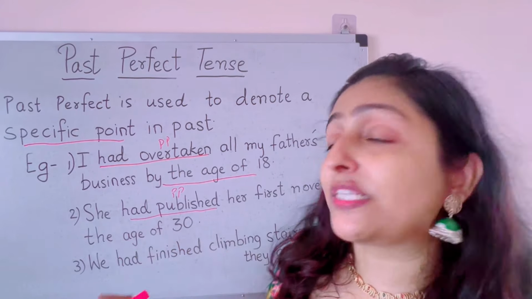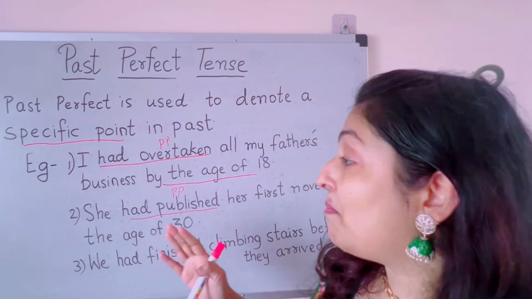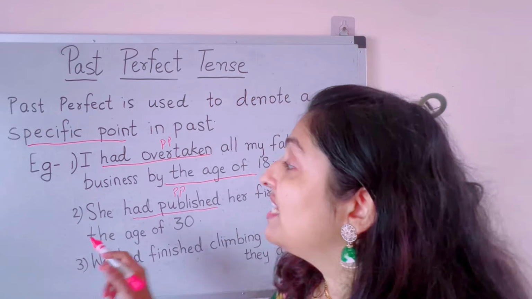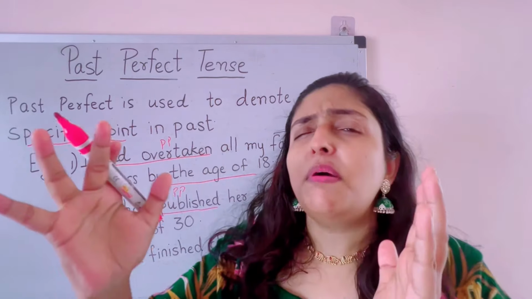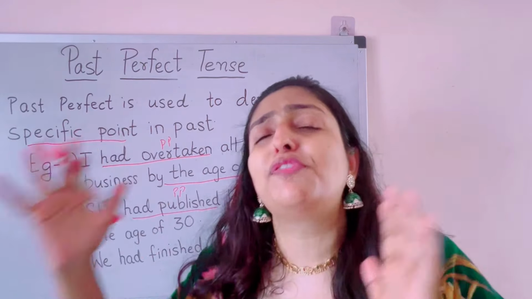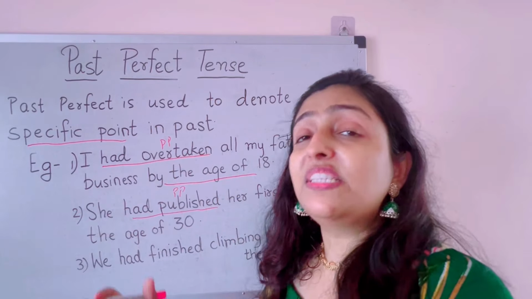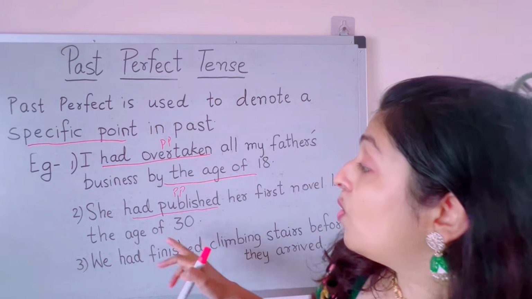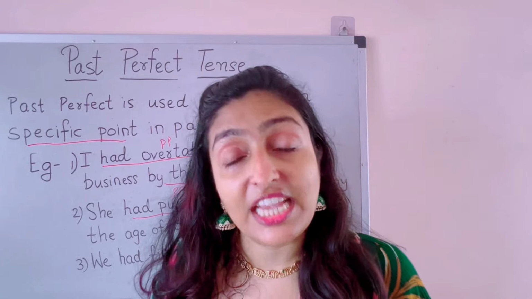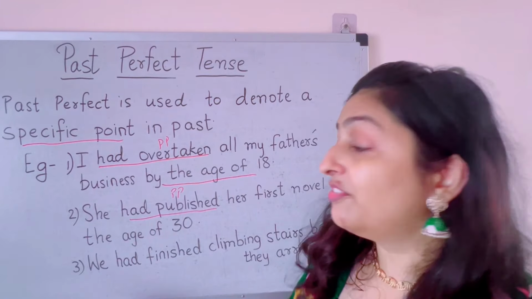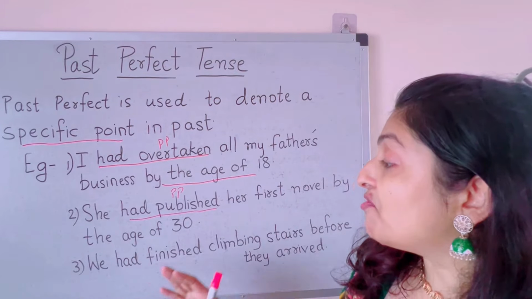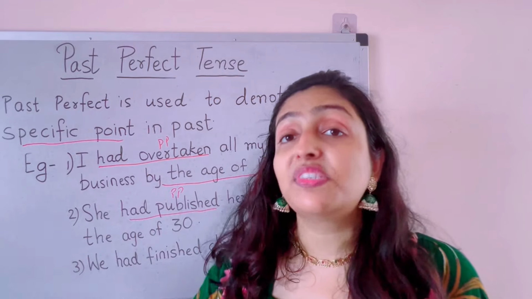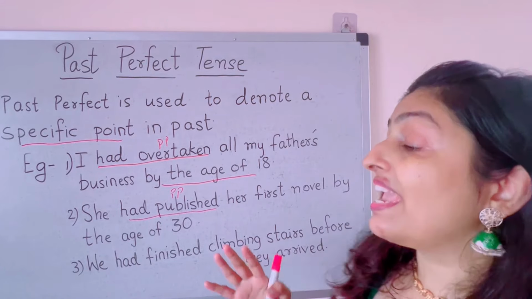So this is the specific point of time in the past. In the second example, the greatest amount of time that was permitted or taken by her to publish her first novel was 30, the age of 30. Example 3, we had finished climbing stairs before they arrived.